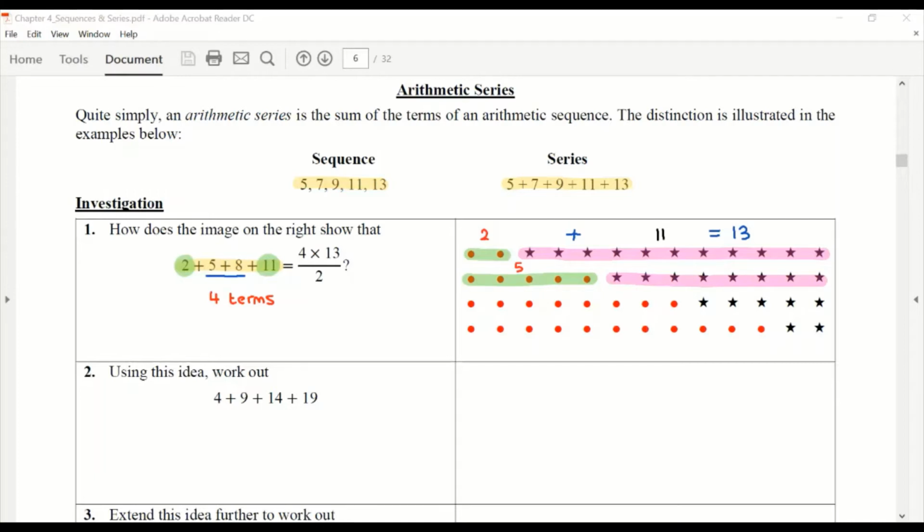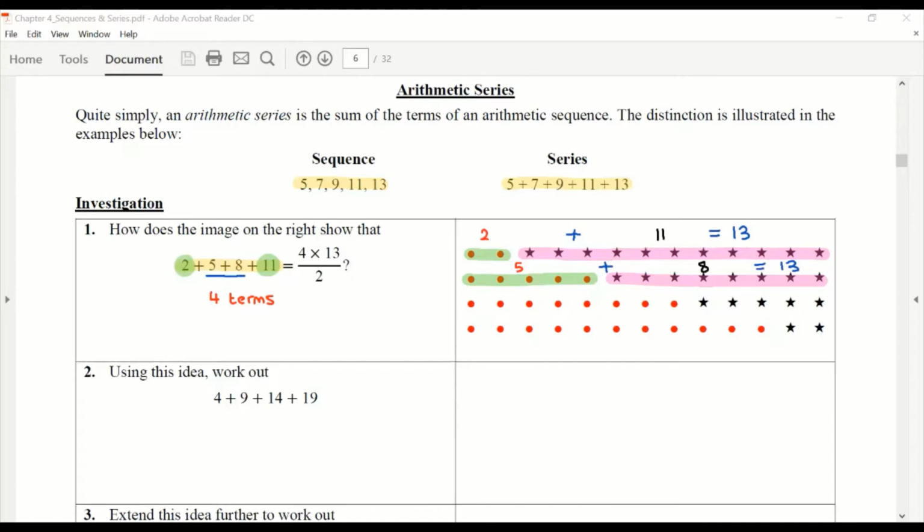Well, we have 8 of them because this is a rectangle. So if the length of the rectangle is 13 shapes and we have 5 taken up by red dots, then the difference is, of course, 8. So we can deduce that without actually counting them. So this must be 8. And we know that 5 plus 8 is 13. So we've established that there are 13 shapes in each row.